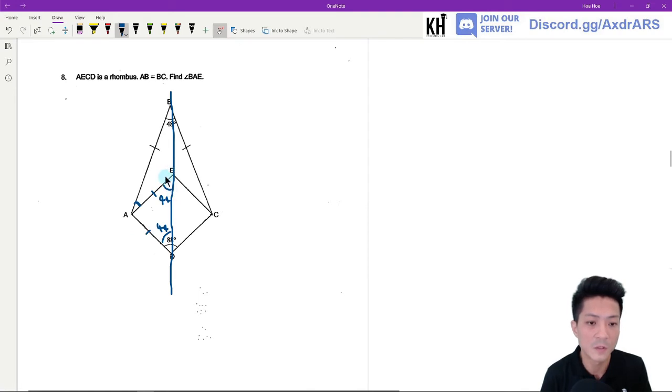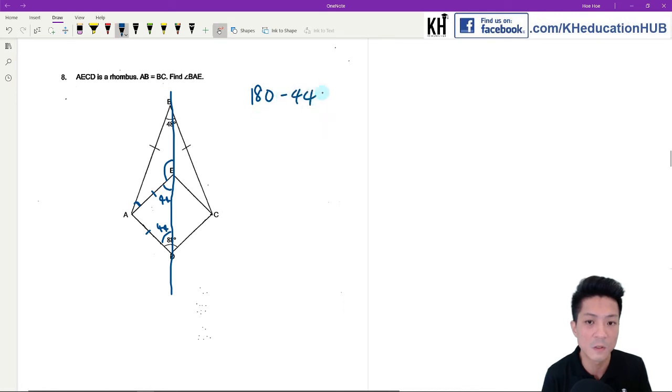If this is 44, we're gonna know that this is 180 minus 44, which will give me 136. This angle over here is 24, because since these two are the same, I'm gonna cut it into exact half. So now we can proceed on to find the answer.